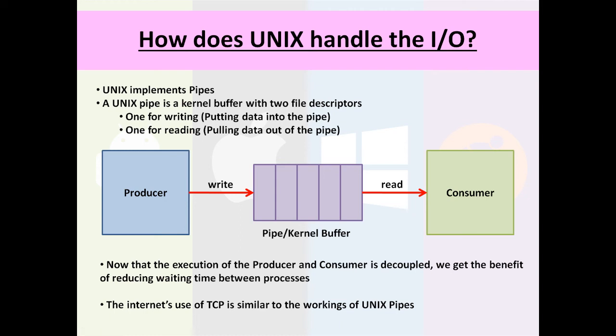And because we've decoupled the execution of the producer and the consumer, we get the benefit of reducing waiting time between processes, okay? And the internet itself, in terms of TCP, works in a similar way as Unix pipes.